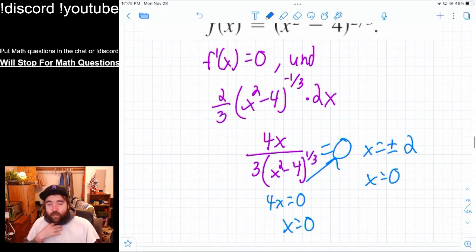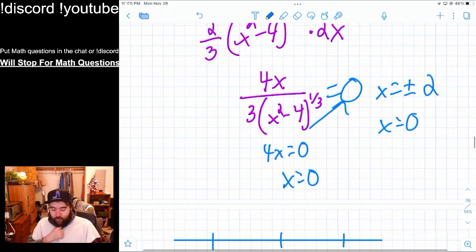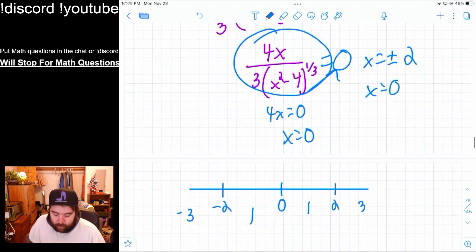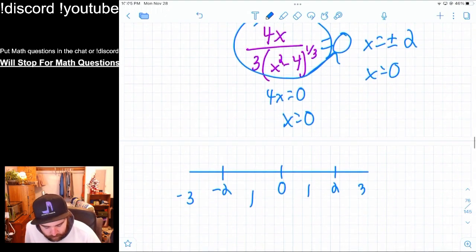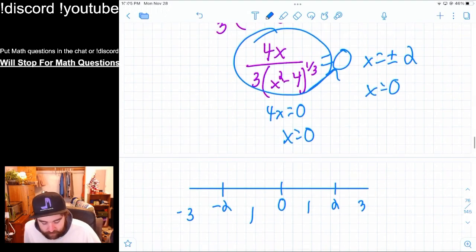And we're trying to see if it's increasing or decreasing. So we're plugging it into the derivative, which is this right here. And remember, we don't want the number, we just want the sign. So let's start from the right. When we plug in a positive 3, is it positive or negative? Well, it's just all positive.